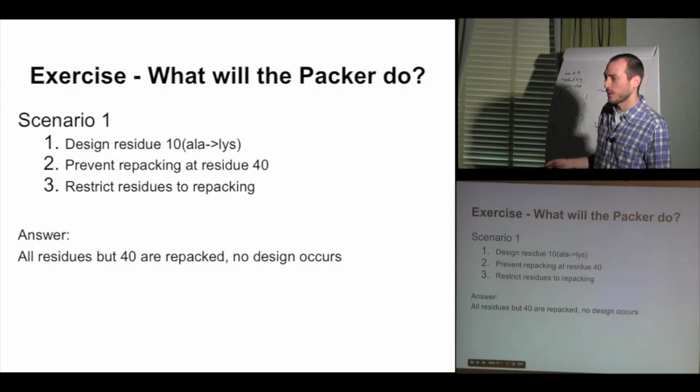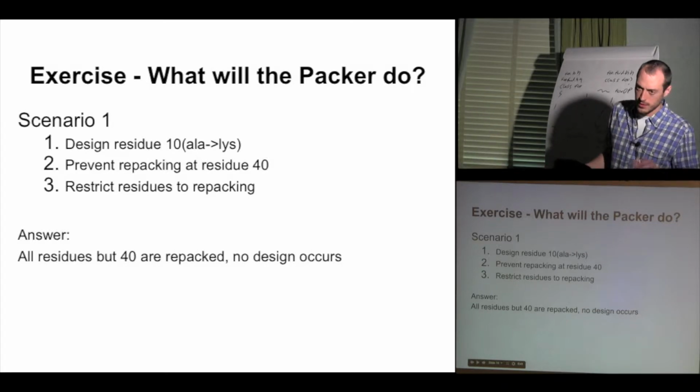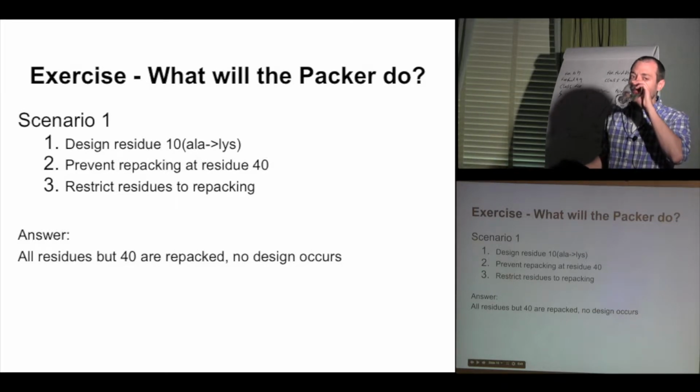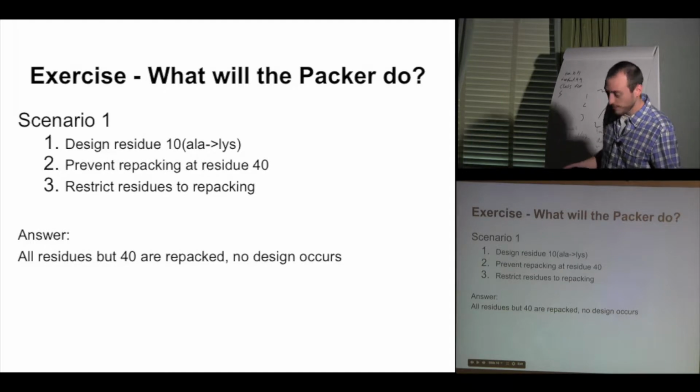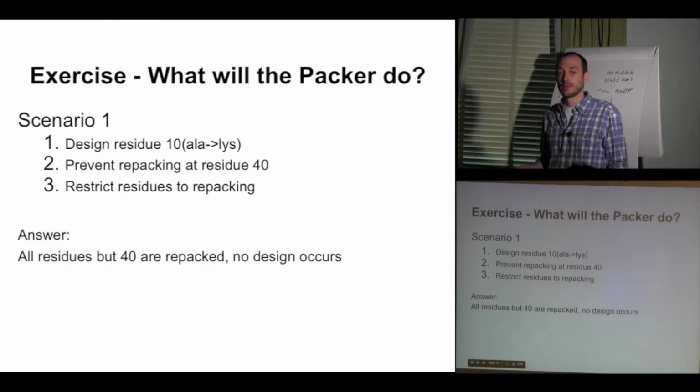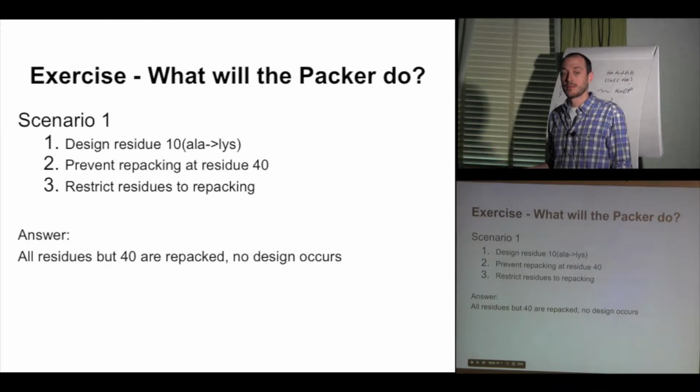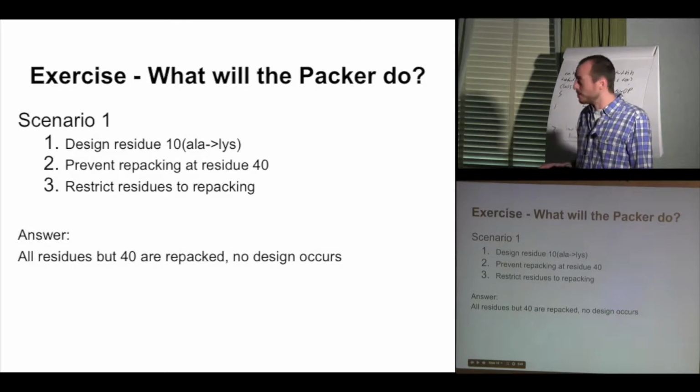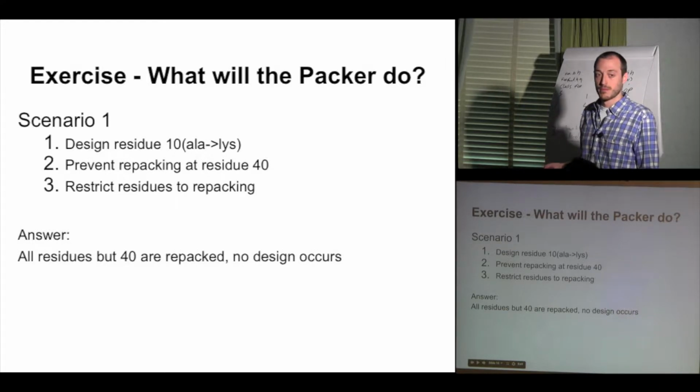Anyone have any other questions about this example? Yeah. So is it not repacked because alanine doesn't have any rotamers? So in this case, alanine, because it doesn't have any rotamers. Let's take another example. If that had been a serine to start, then you would have built rotamers for it. Rather, you can imagine building rotamers for serine, but you wouldn't have repacked that serine, so it would have been held completely fixed.